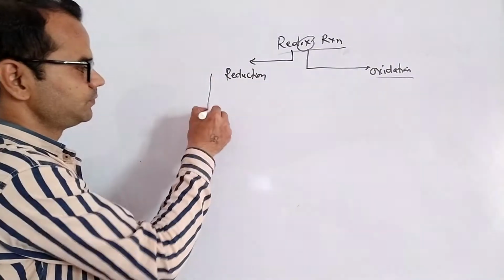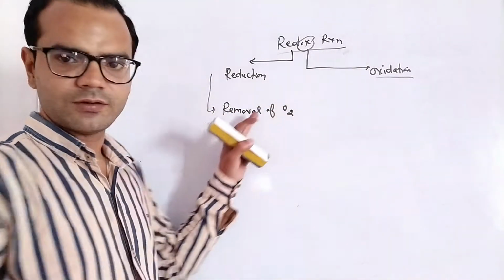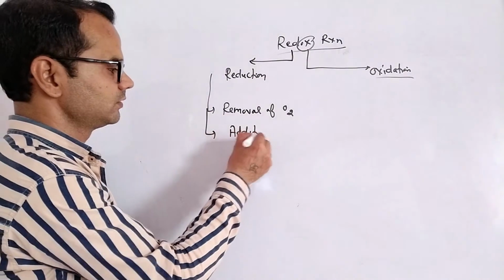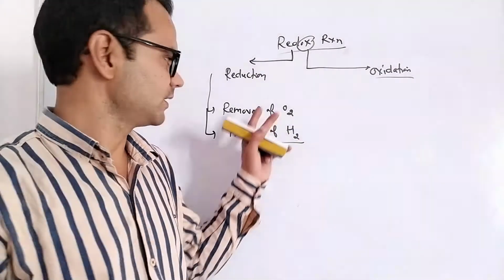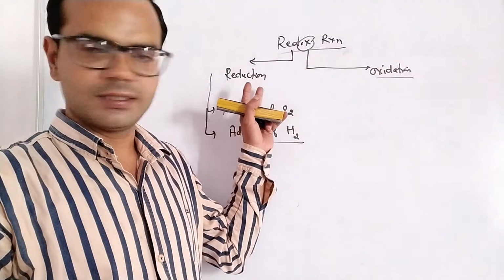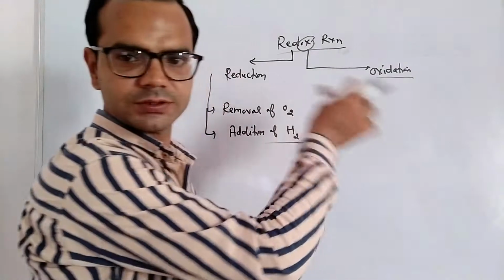Reduction is removal of oxygen and addition of hydrogen. If there is a removal of oxygen and addition of hydrogen, then the reaction is said to be reduction, and oxidation is just the opposite of it.